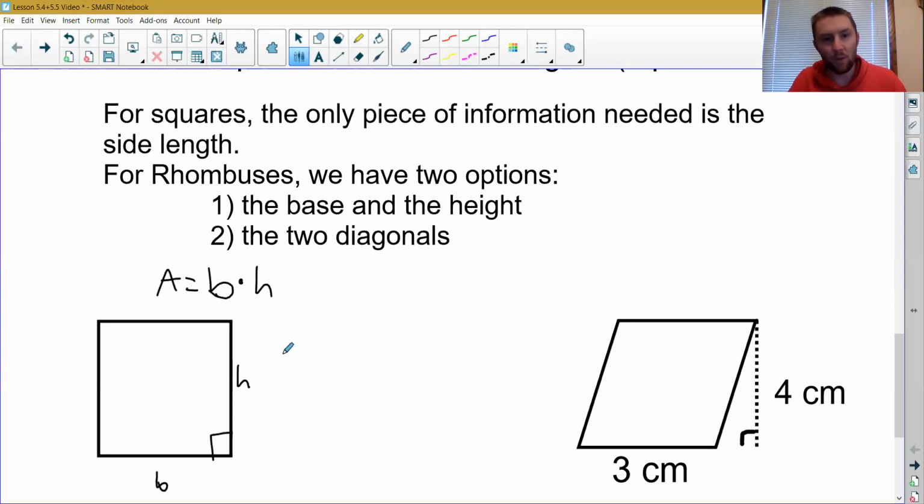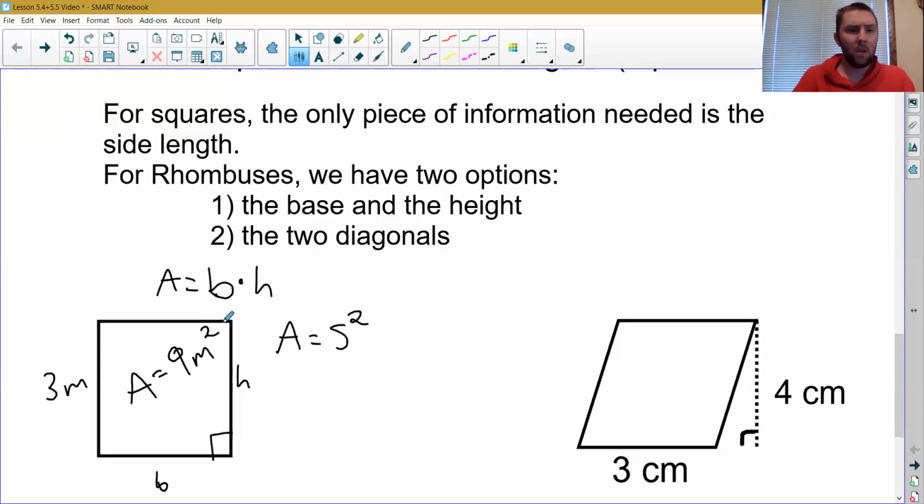So we have this other formula that says area equals s squared, meaning the side length squared, or the side length multiplied by itself. If the square has a side length of 3 meters, the area is simply 3 times 3, or 3 squared, which is 9. And our units now become meters squared.